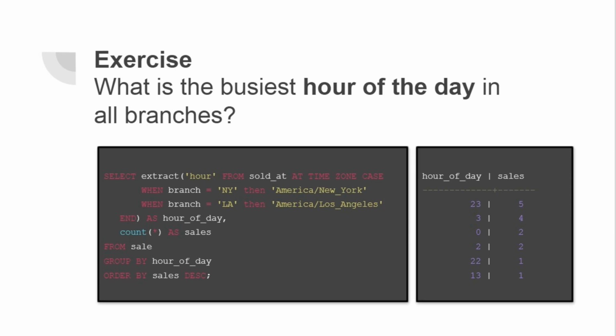We can see that when we write the query the right way, we get that the busiest time of the day in our network, in our chain, is actually 11 at night.